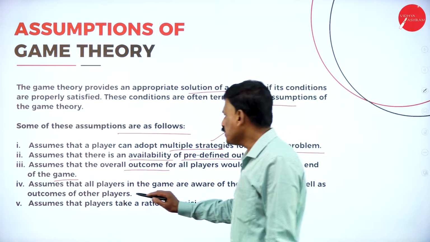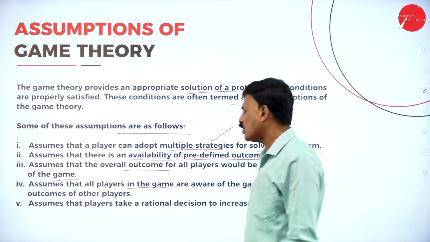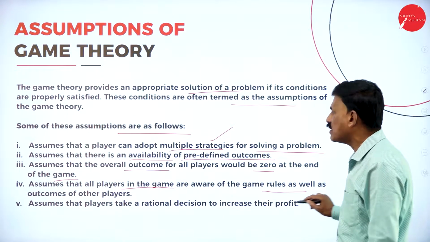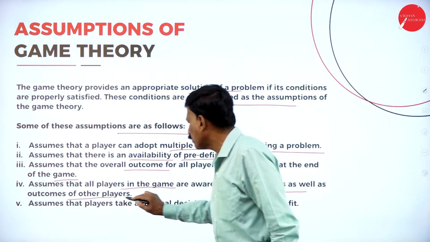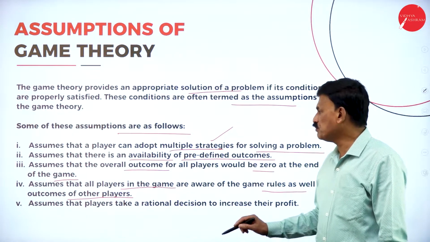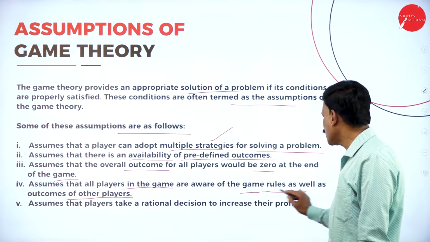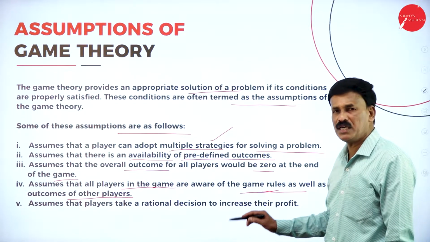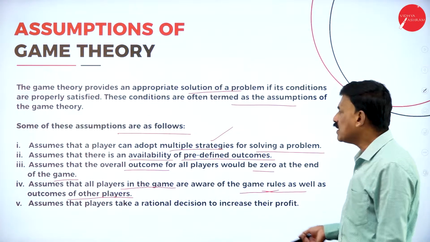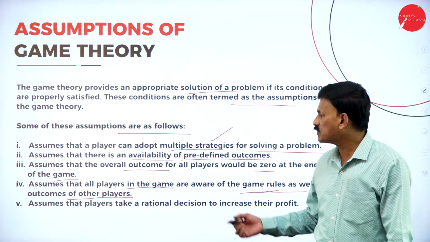Now, assume that all the players in the game are aware of the game rules as well as the outcomes of the other players. So they are familiar with all the rules of the game and the outcomes of the other players.